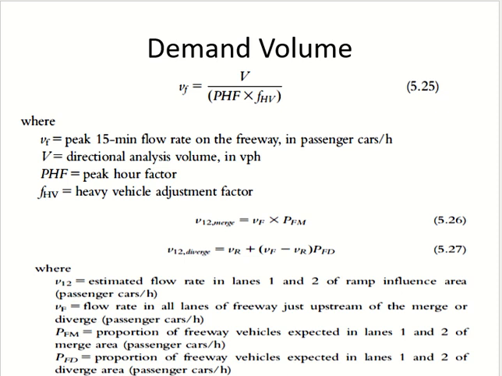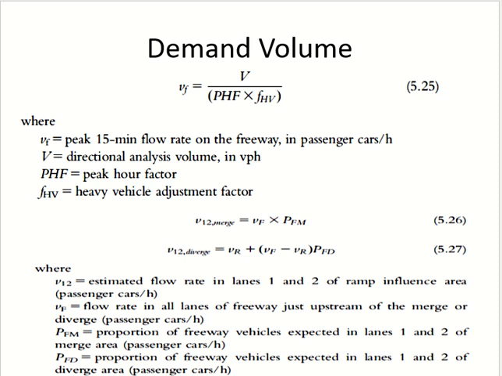This is diverge. So people who will be on the ramp, they are on the freeway right now. So I will subtract them. I want to calculate how many people are in the first two lanes of the freeway. Ramp, I know everybody on the ramp is on the influence area, so ramp is not a problem. I want to know how many people who will remain on the freeway are in the first two lanes. So VF, which is the total, minus VR, which is the ramp. So percentage, and again, if there are two lanes, this factor will be 1.